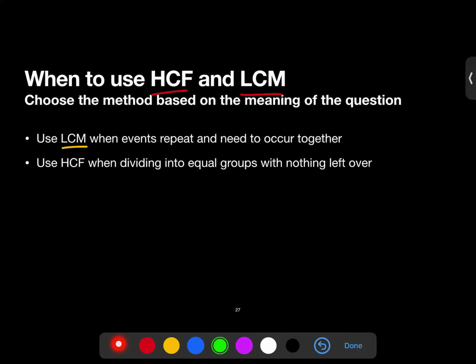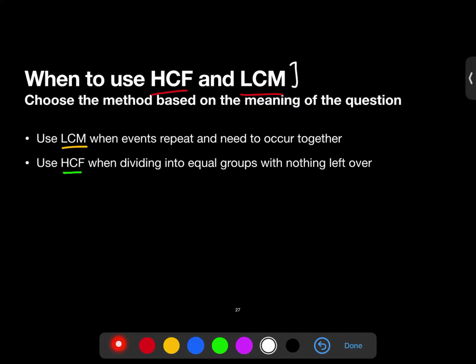And we use highest common factor when we want to divide into equal groups. Maybe you don't understand yet, but we will see some examples that demonstrate when to use each.